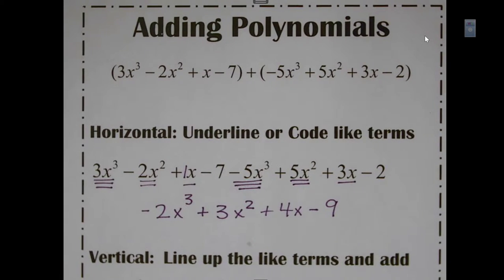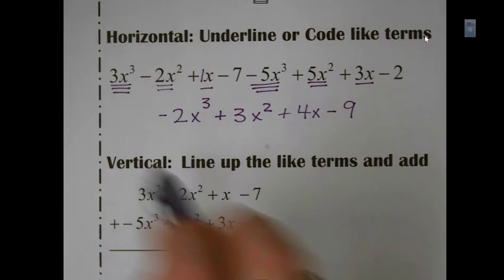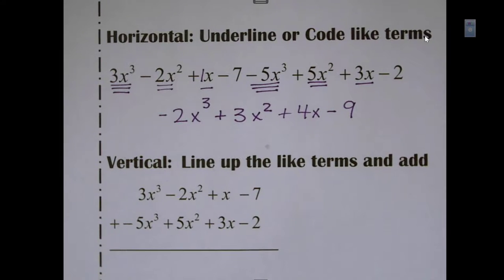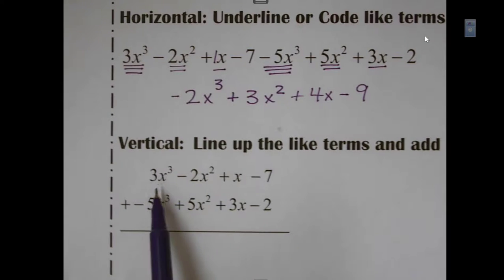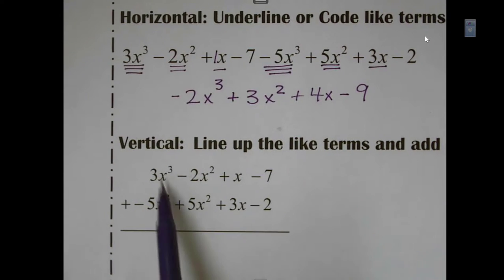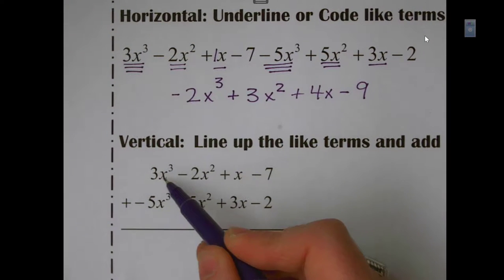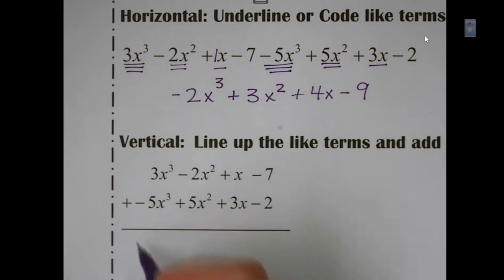So another way we can set this up is to do it vertically, and match up those like terms right away. So notice, here's my first polynomial. Here's the second one, and I lined up all my like terms. And then we just add 3x cubed plus a -5x squared.